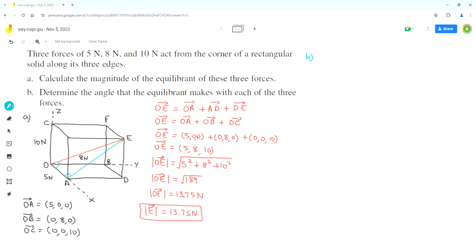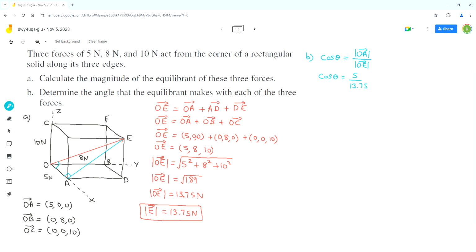So we can use SOHCAHTOA to find that blue angle, and we can use the cos ratio. So the formula for cos is adjacent over hypotenuse. The adjacent side is the magnitude of vector OA, and the hypotenuse is the magnitude of vector OE. The magnitude of vector OA is the given force 5 Newton, and the magnitude of OE is the resultant magnitude we found, 13.75.